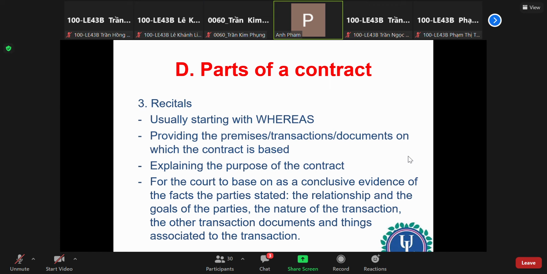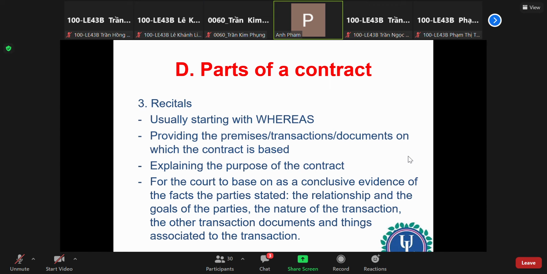Based on that, the court will know the relationship and roles of the parties, the nature of the transaction, and any other documents or things associated with the transaction. Because when you look at the recital section, you know the whole story of what the contract is relevant to.